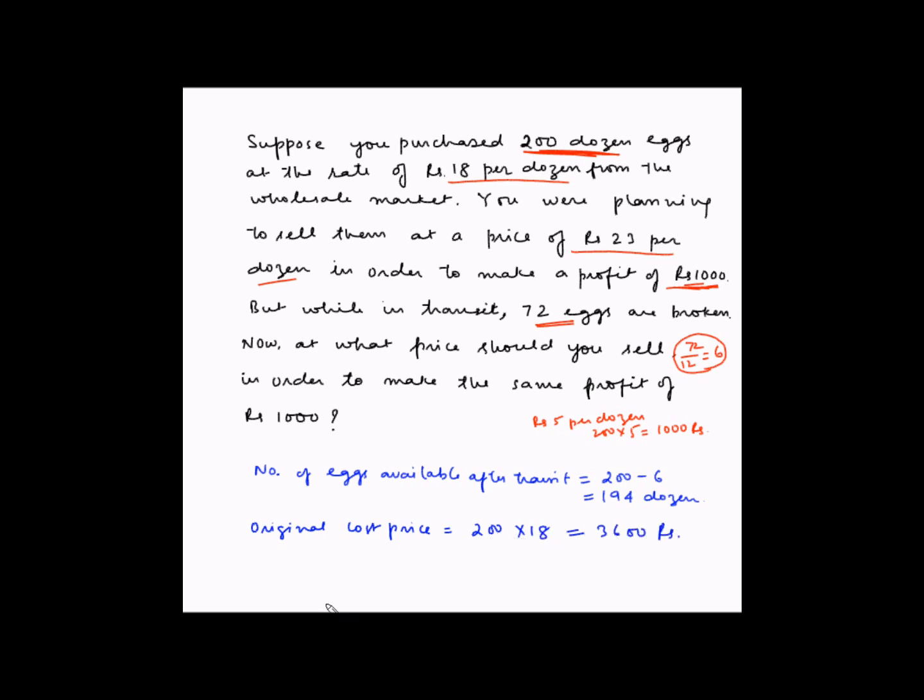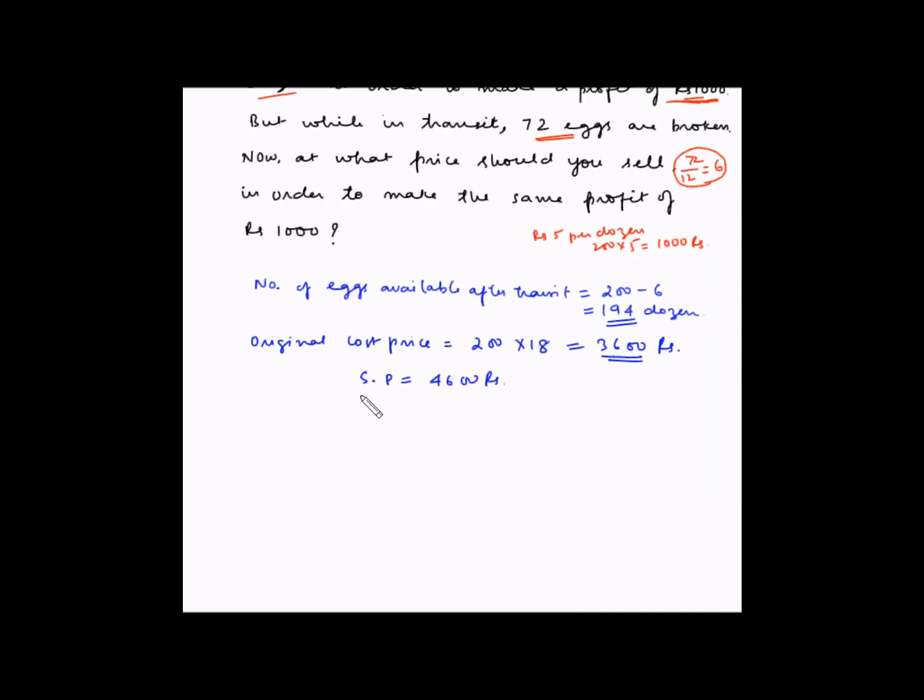Now on this cost price you want to make a profit of 1000 rupees. So basically your selling price will be equal to 4600 rupees after selling 194 dozen eggs. So this is the overall selling price.